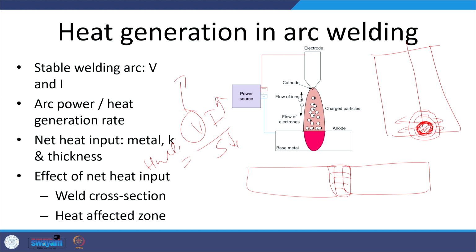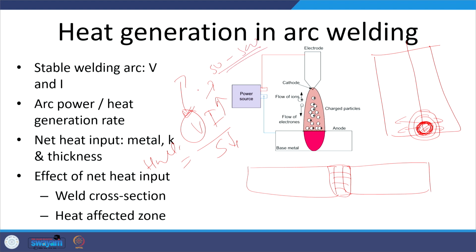For tungsten inert gas welding, this is very low, maybe 12 to 15 or maximum 20, but for shielded metal arc welding, this can range from 30 to 100 also. For metal inert gas welding, it may be 20, 30, 40 also. So, depending upon the electrode material, the voltage can vary marginally, but the current is primarily adjusted, say from 50 to 500 ampere.